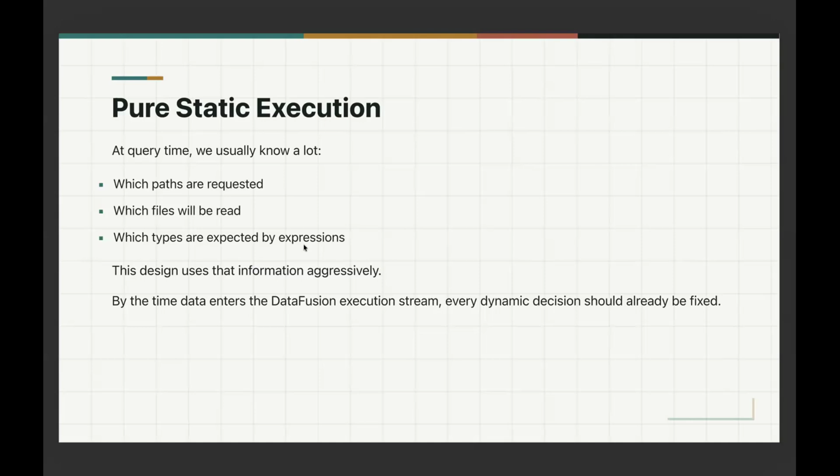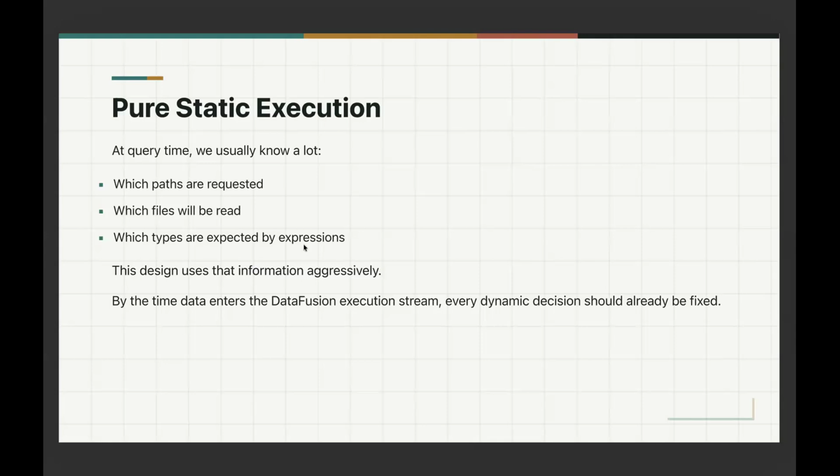But this can't apply to this JSON data type, because without I/O we can't even tell if a path exists or not, or what type it is. So we have to postpone the type inference and type check to some later point.